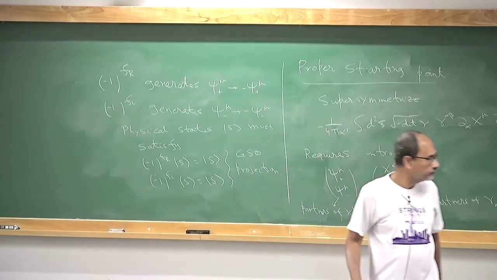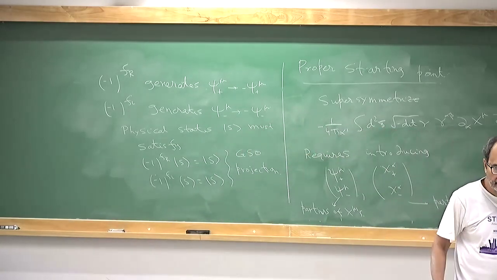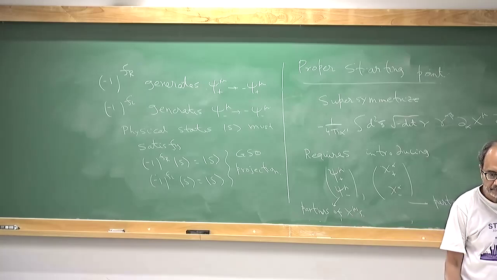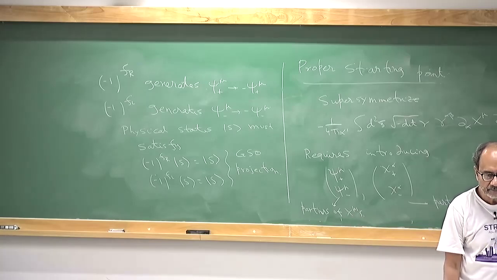States that satisfy these two constraints survive. Yes, you still have to impose this. Is this clear?